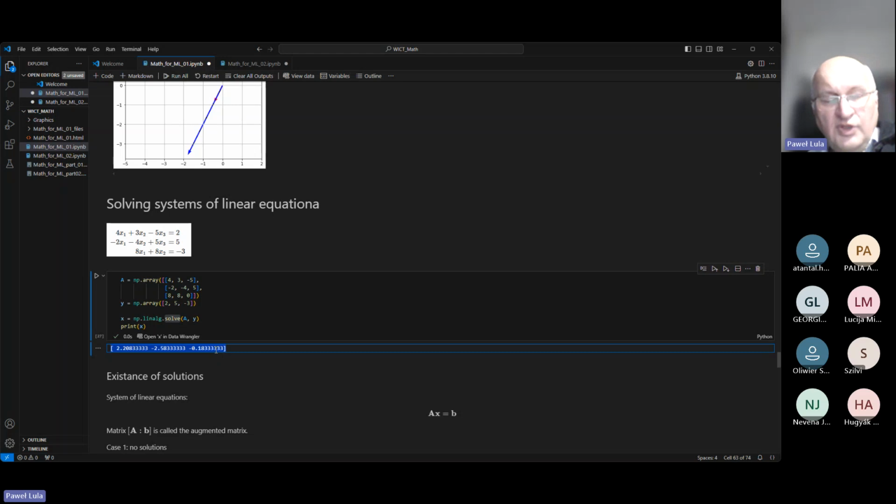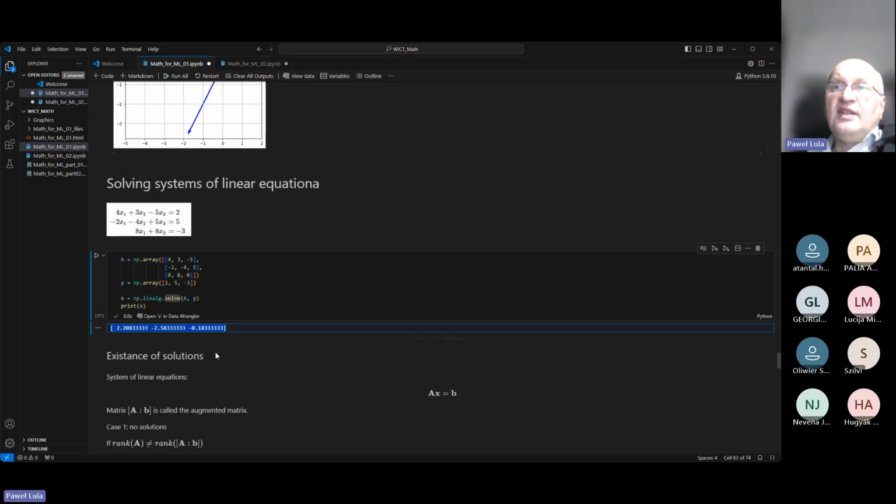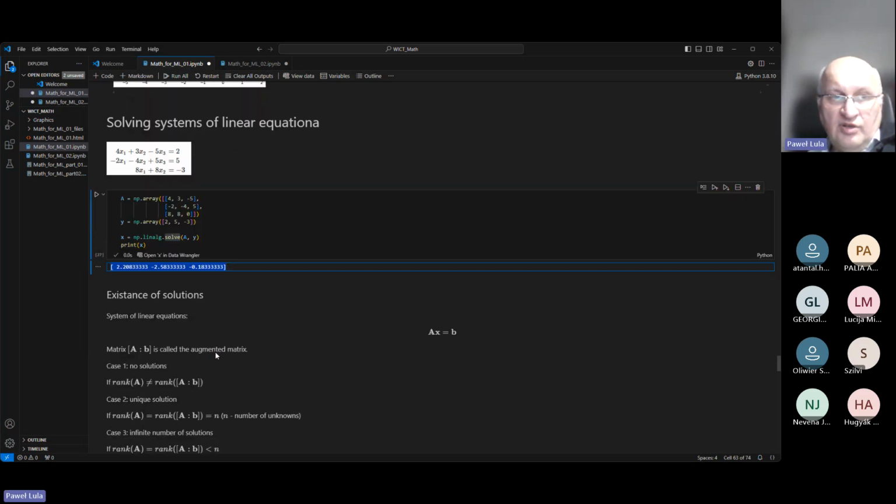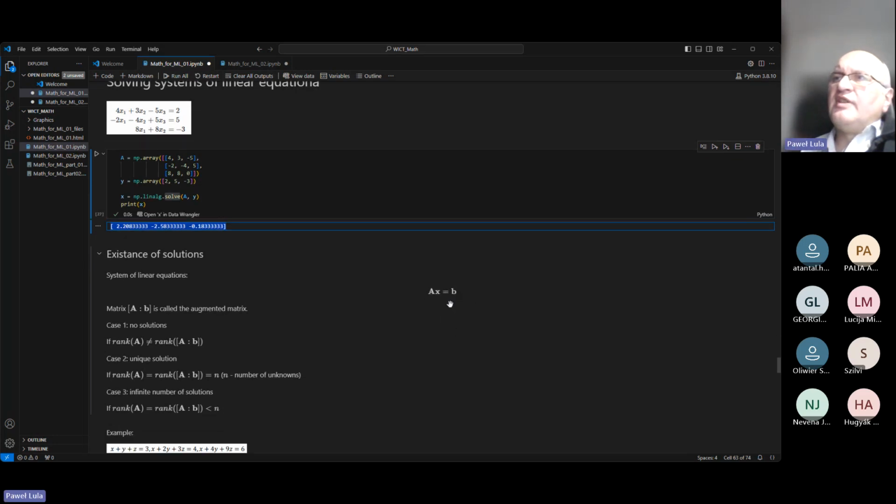So we see that there are different situations, different cases. And how to answer the question of whether it is possible to solve this system of equations or not? And if it is possible, what should we do to solve it? So we have this system of linear equations, which is defined in this form.